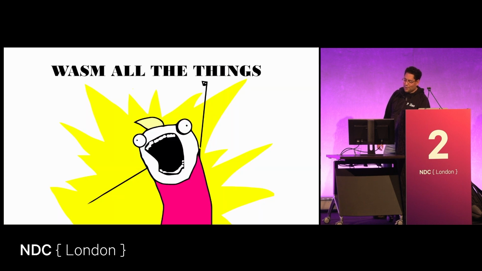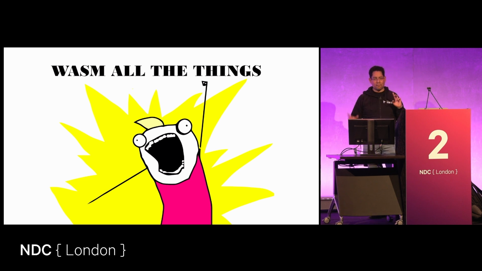So a question here, what is the conclusion? Should we go WebAssembly all the things? Because when I started looking into WebAssembly, there were many articles that said that now JavaScript is dead, WebAssembly will take over everything. But I don't think that's actually the case. I think that WebAssembly is a tool that can be really useful in some very specific use cases.